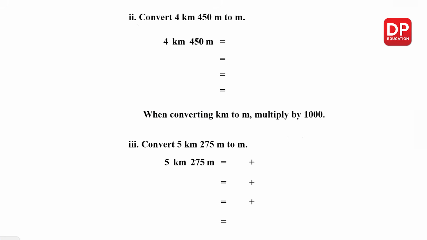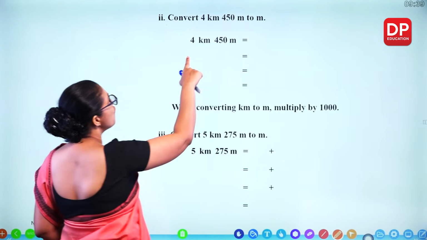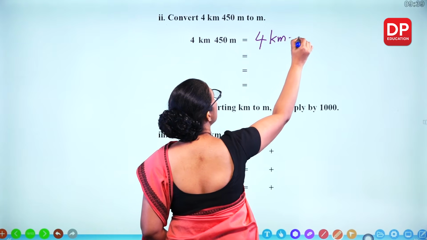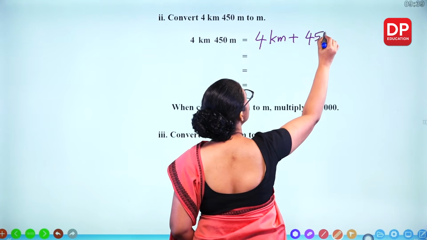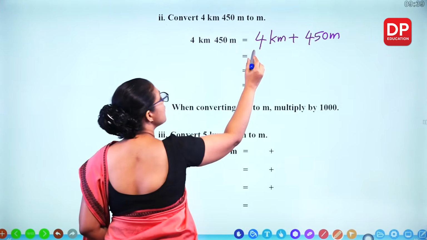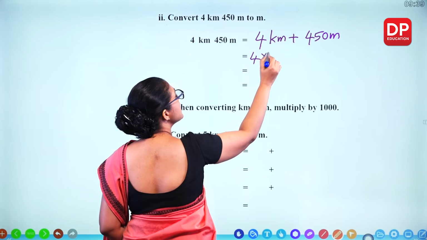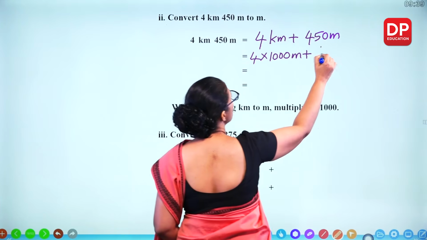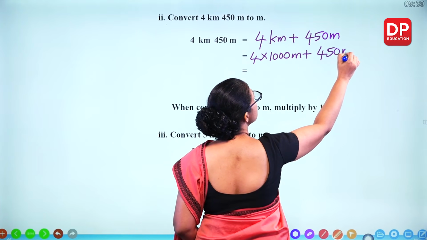4 kilometers, 450 meters to meters. So 4 kilometers, I can separate with 450 meters. How do you convert 4 kilometers to meters? You multiply by 1000. This one, 450, as it is.